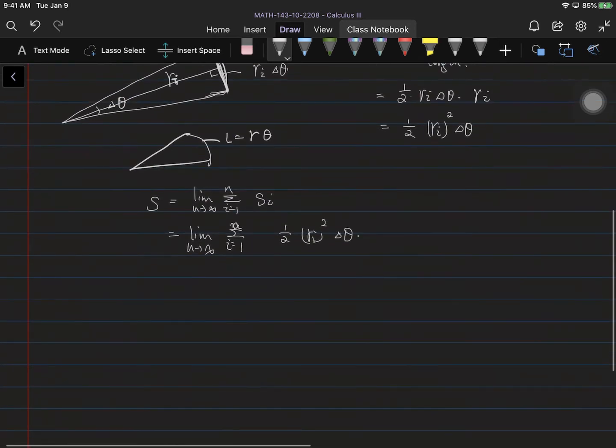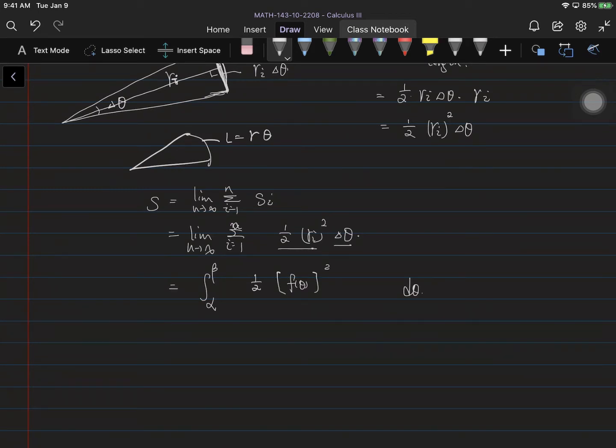And if we want to write this as an integral, okay, delta theta becomes d theta, and theta goes from alpha to beta, and this is 1/2, and we change r into just f of theta, squared.